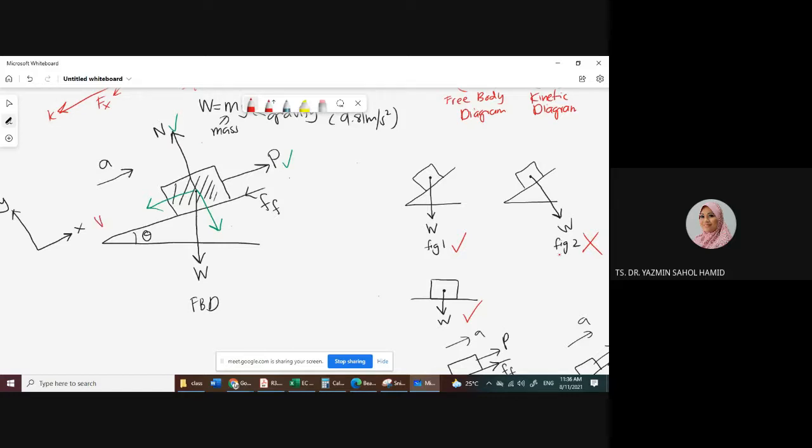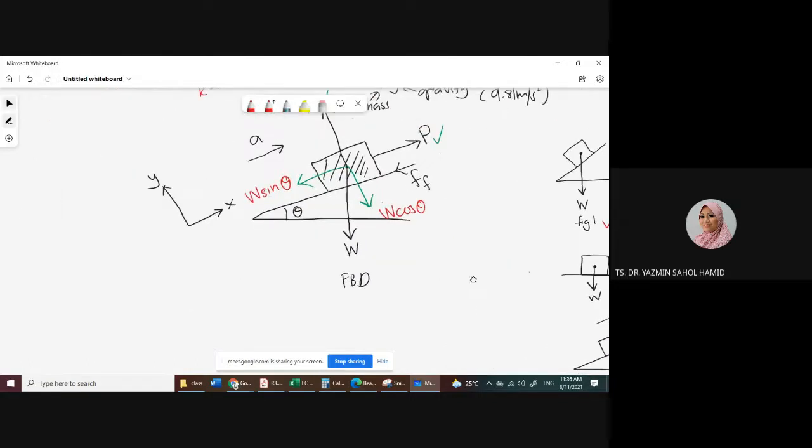It will be W sin theta. This one will be W cos theta. Another student from another class wasn't sure, so this is what I taught the student to make sure. Let's say your box is here, and this is your direction that you want to resolve, and this is your theta. So what you do is redraw the direction.